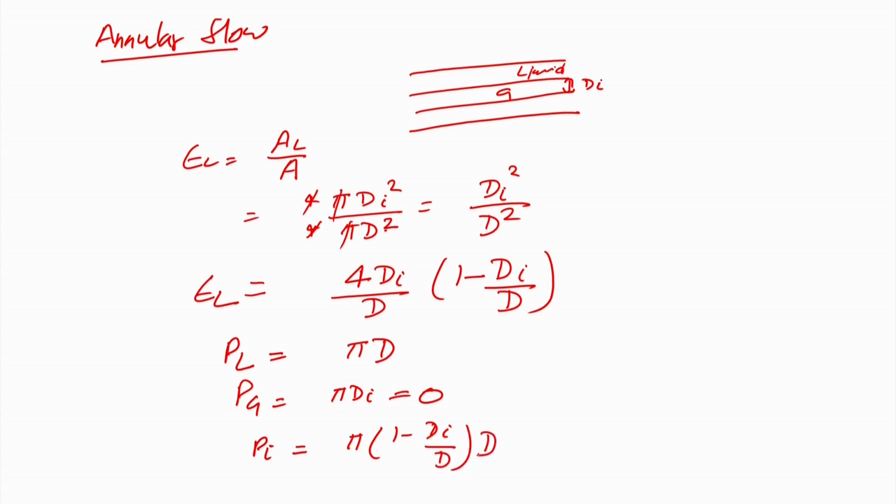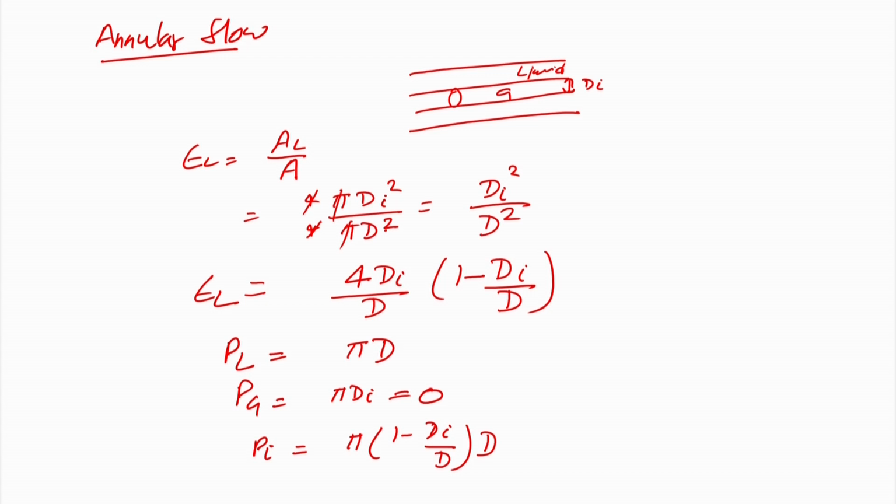That gives the fraction that will be at the interface. You will get di minus d, which gives you the ratio. So, 1 minus di by d shows what this fraction is, and if you multiply it with pi d, you will get the perimeter of the interface.